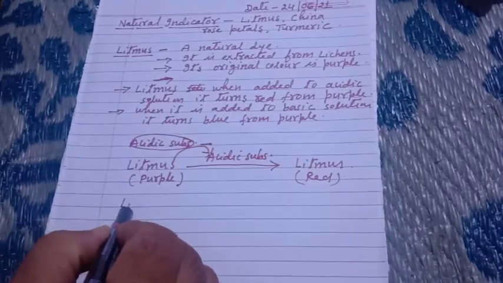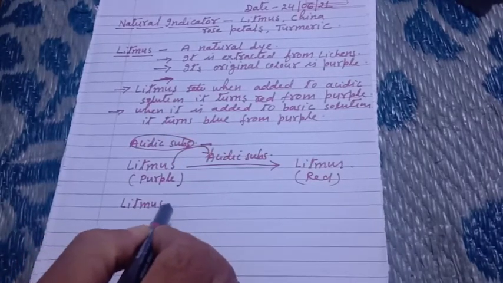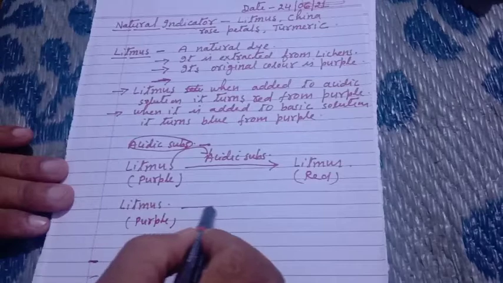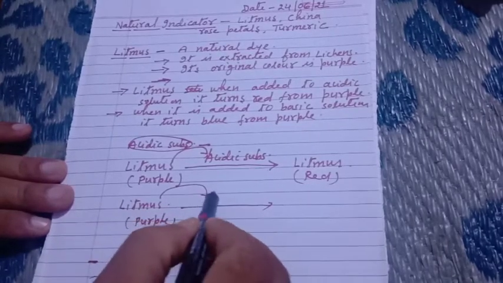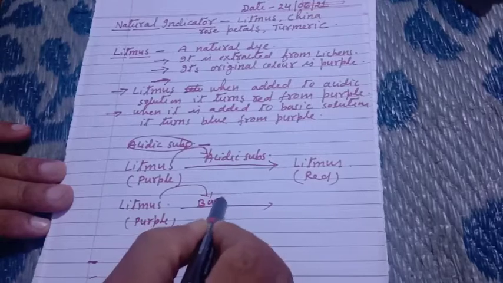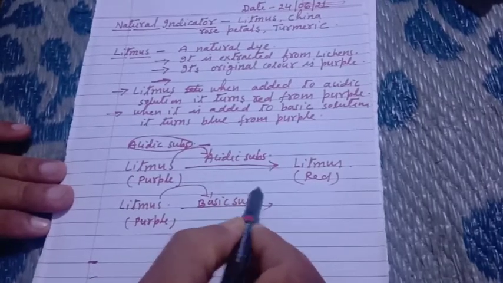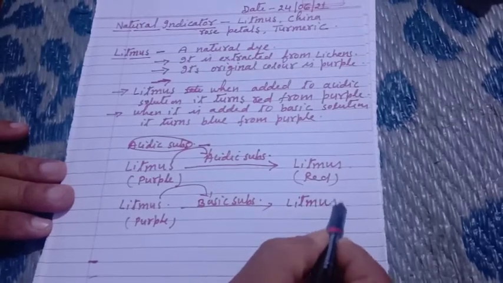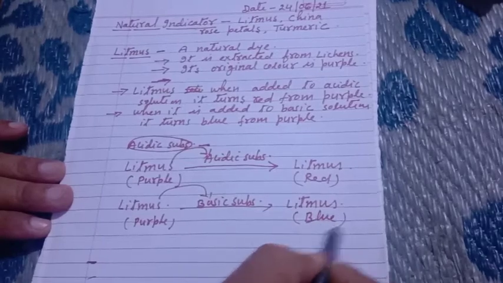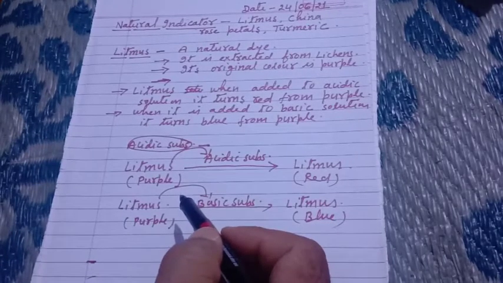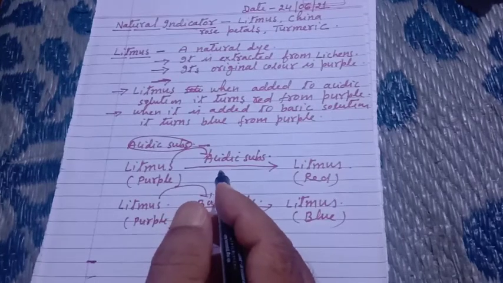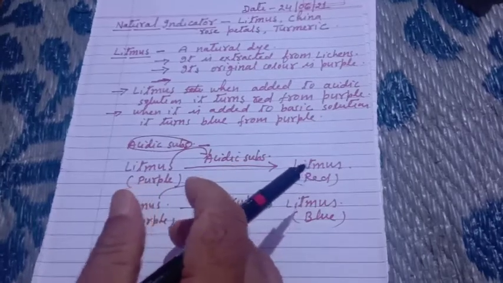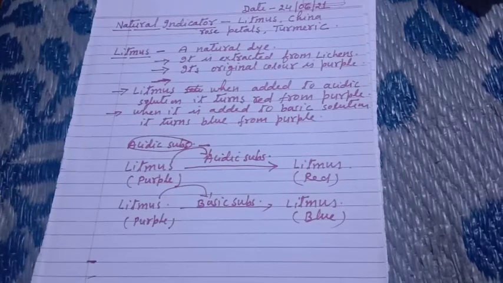Similarly, again write litmus, the original color is purple. Now suppose you are adding this to a basic substance. When it is added, litmus would be blue. In this way it distinguishes between acidic and basic substances, since its color is different in acidic medium and basic medium.